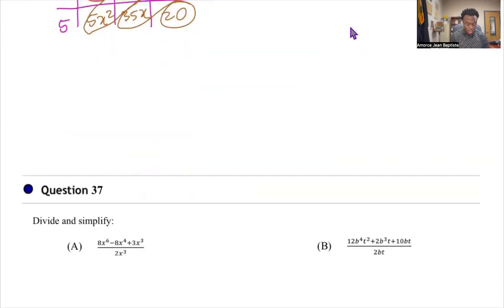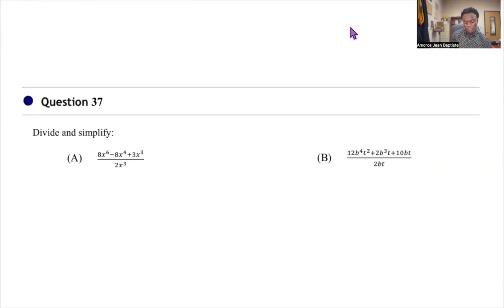Okay. Next will be a division, but when you're dividing with one term, a polynomial divided by a monomial, you have to just break it down for each. So I'm going to separate this.